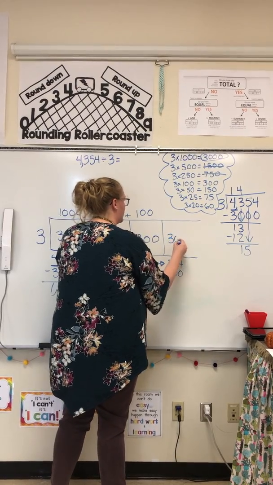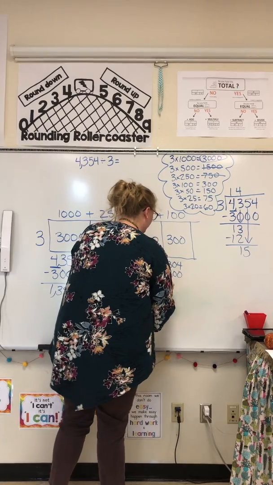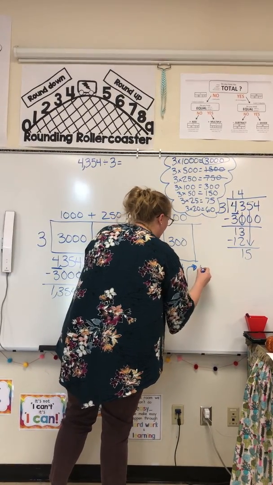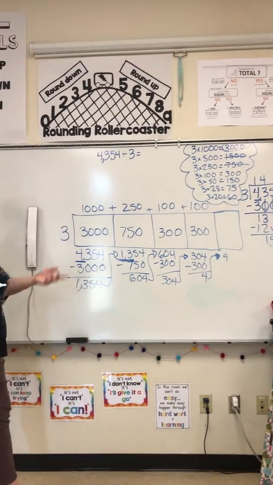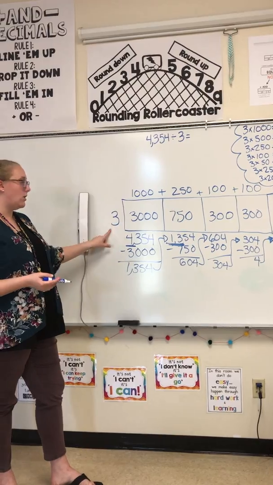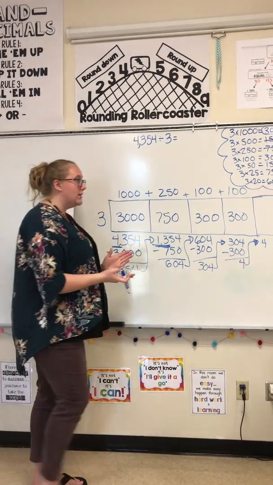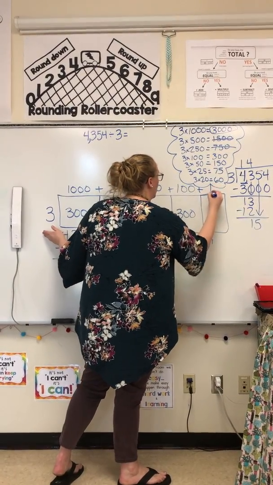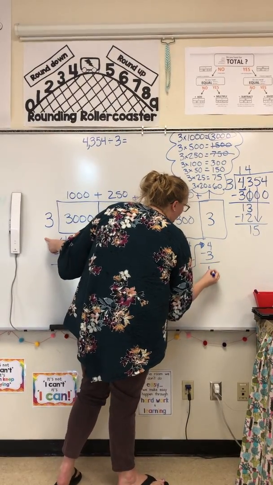I get 300 by multiplying by 1. I'm left with 4. Now some of them will go, okay, well 4 is my remainder. Well no, because your remainder cannot be larger than your divisor, because you can still subtract another set of 3 from that. So 3 times 1 would be 3, minus 3 would be 1, and then this is your remainder.